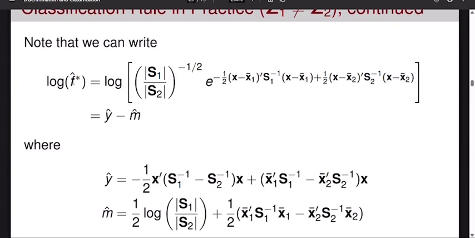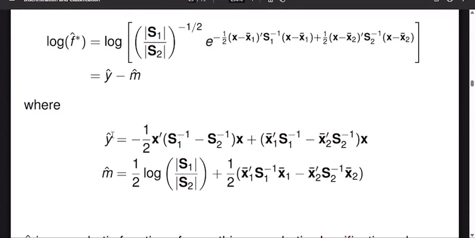So I'm going to have the log of all of that. Take a look at that. Now, do you know this expression can actually be simplified into y cap minus m cap? The y cap is going to be this, after we have simplified algebraically.